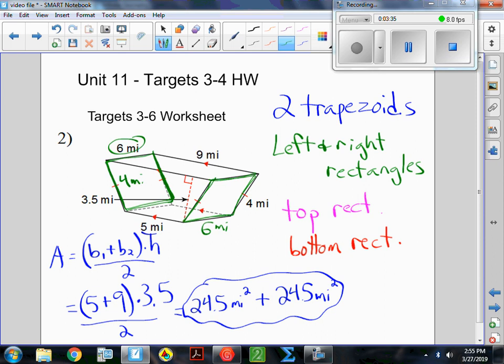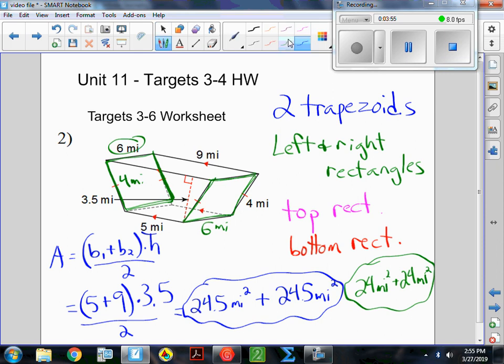So each of those is 24. So I'm going to have 24 square miles plus 24 square miles for the 2 left and right rectangles. Remember that in a prism, the bases are surrounded by rectangular faces.